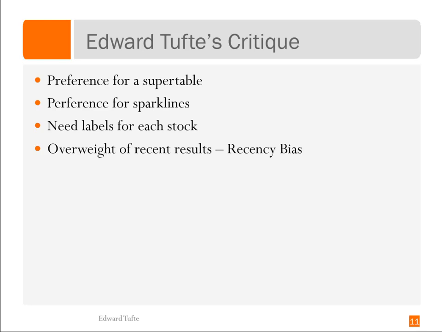Basically he wanted a lot more data in front of folks, and a preference for sparklines, a concept he called sparklines, which are like little trend lines next to some tabular data values. Tufte also criticized that each stock needed labels, that you didn't really know what you were looking at unless you had a label on it.